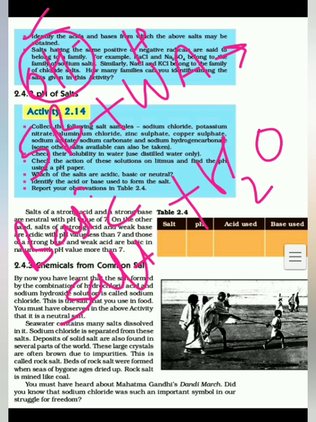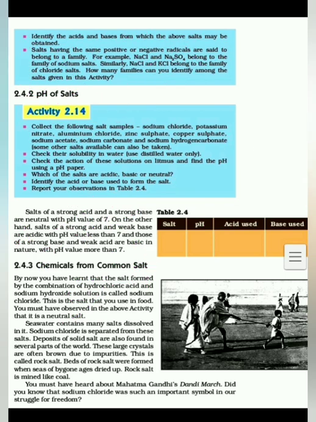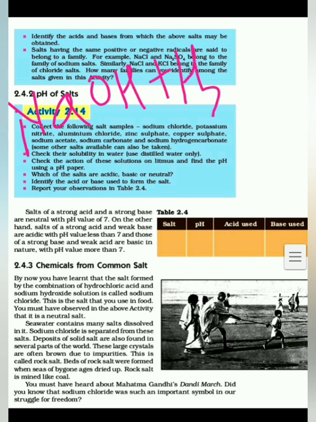We will take an example. For example, when sodium hydroxide, here sodium hydroxide is what? It is a strong base, reacts with carbonic acid H2CO3. It is a weak acid.